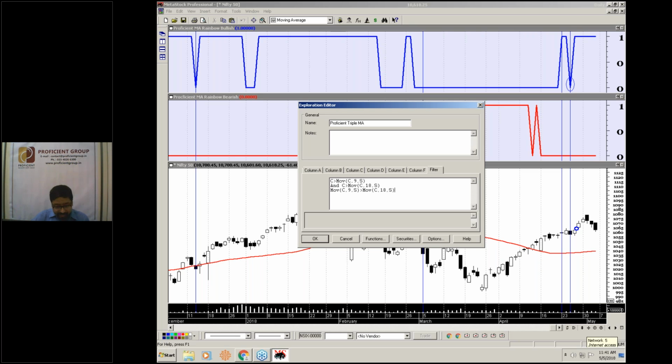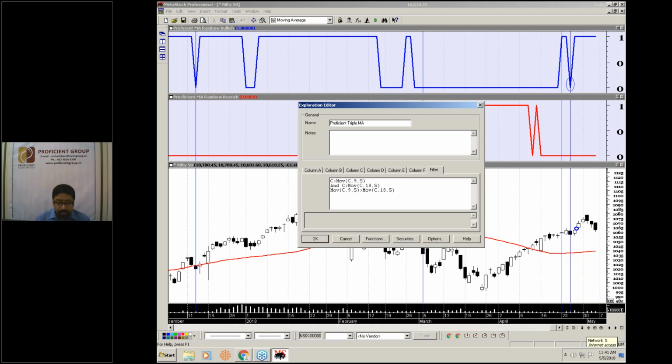I want to buy during a pullback. So I'm finding stocks that are actually below the 4-day moving average, right? Being below a certain moving average means short-term weakness. And I'm looking for stocks showing this short-term weakness.